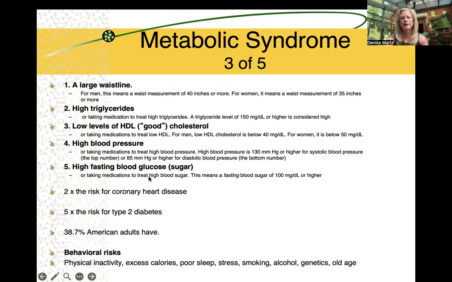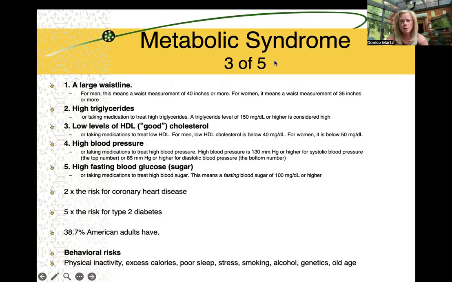Same thing for high fasting blood glucose, or if you're taking medications like metformin to bring down your glucose levels. And we usually will start to diagnose this at a fasting. You do not diagnose high glucose levels when somebody has just eaten a meal. So high fasting glucose levels at 100 milligrams a deciliter or higher.